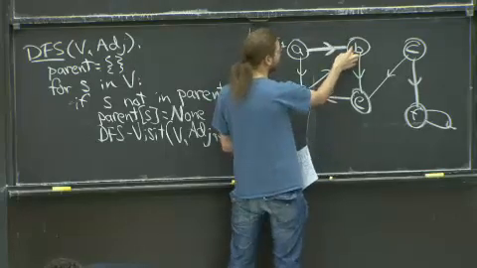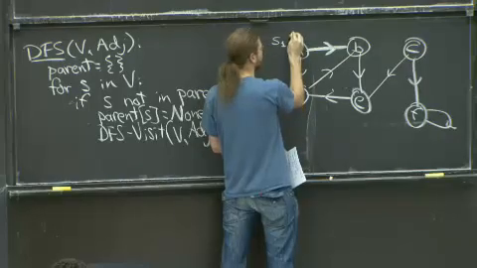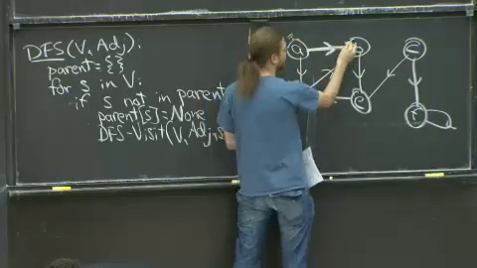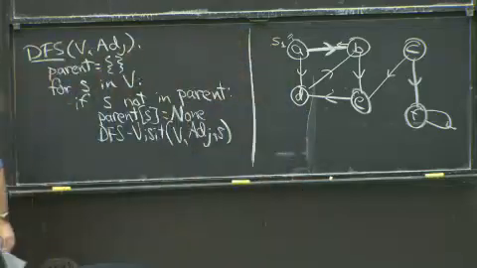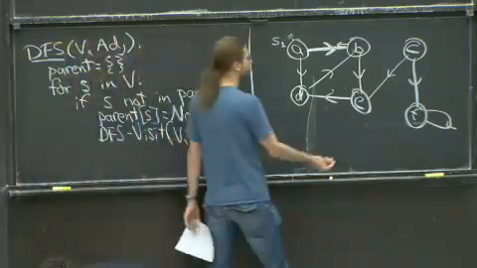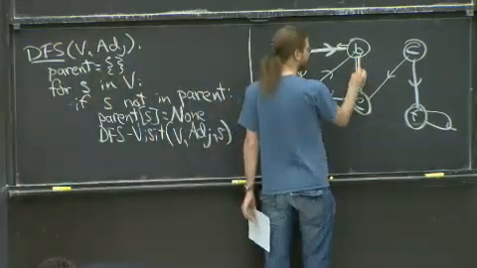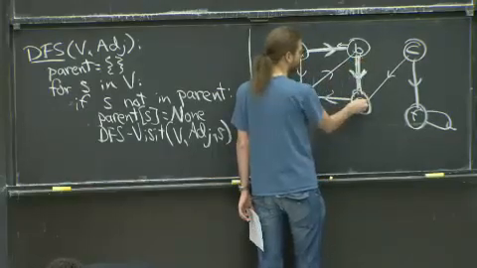We look at B. B has not been visited yet, has no parent pointer. So B, we're going to give a parent pointer of A. Then we recursively visit everything from B. We look at all the outgoing edges from B. There's only one. So we visit this edge, from B to E.